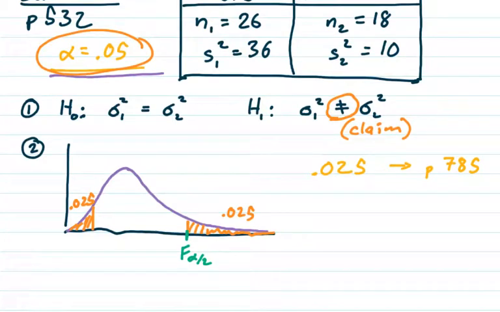So the first thing that we do is we say, okay, for the alpha value that we have, 0.025, we're going to be looking on page 785. That's already set for that value of, well, in this case, alpha over 2. The next thing that we're going to be looking at are sample sizes for the degrees of freedom for the numerator and the degrees of freedom for the denominator.